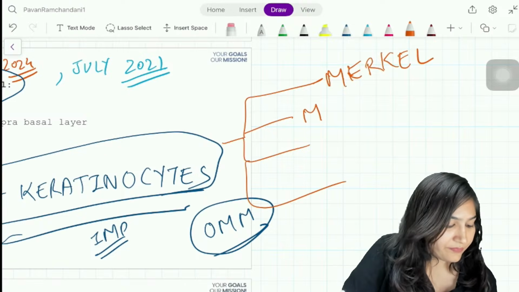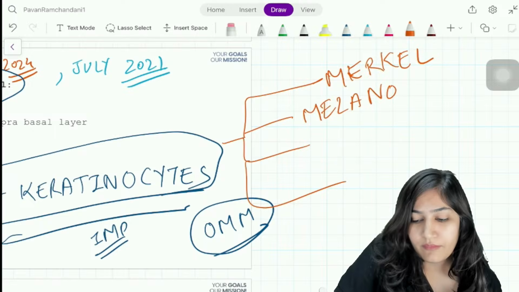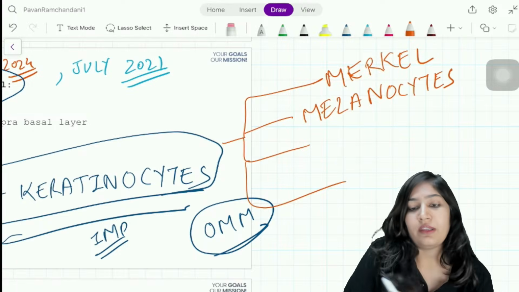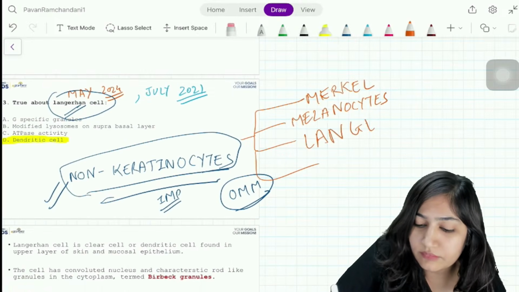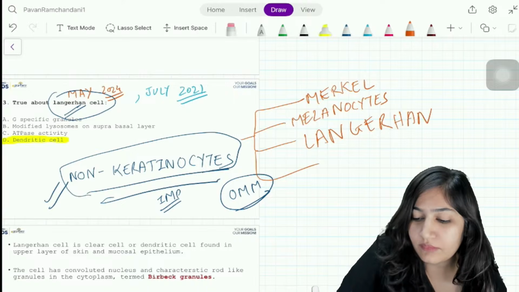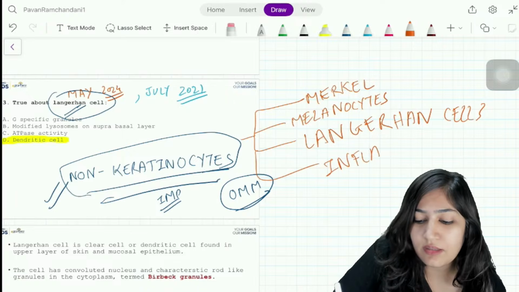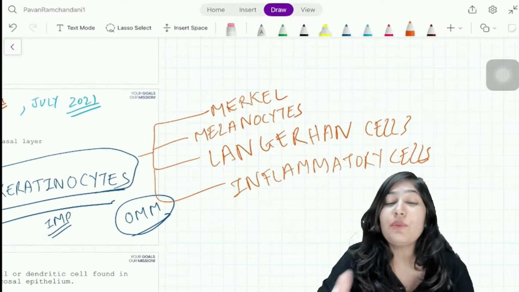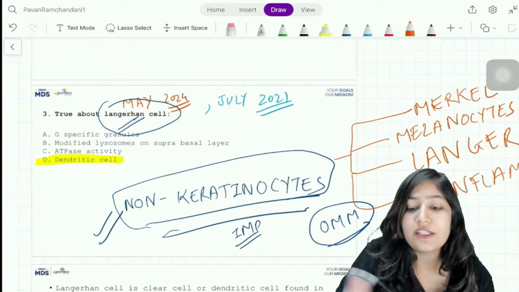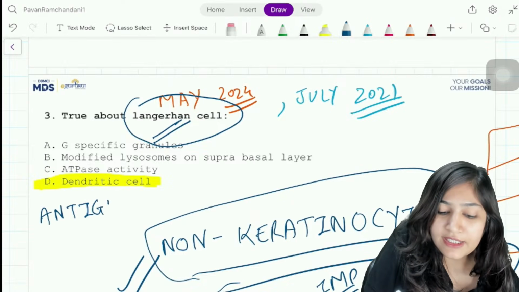Merkel cells, melanocytes, Langerhans cells, and inflammatory cells, lymphocytes, right? So these Langerhans cells are mainly immune cells. They are antigen presenting cells. So you can be asked which are the antigen presenting cells.